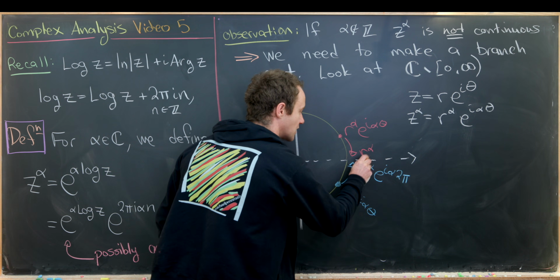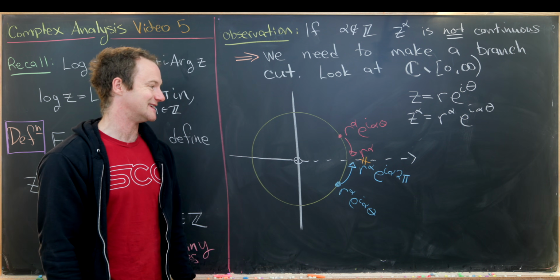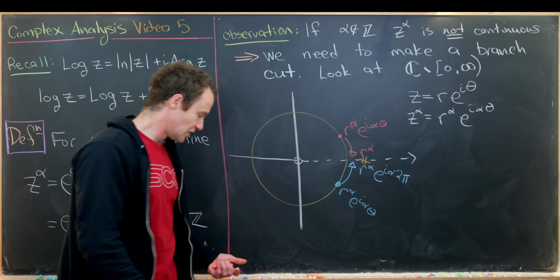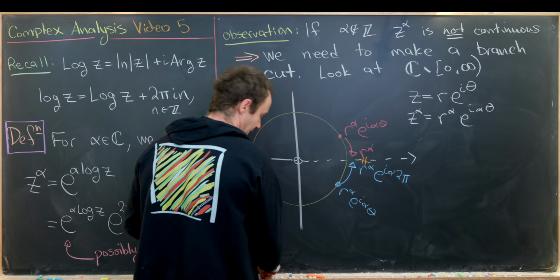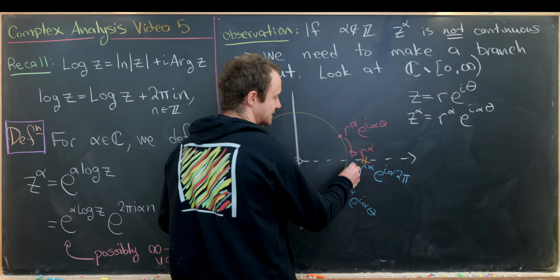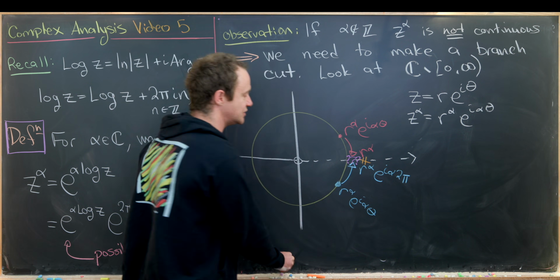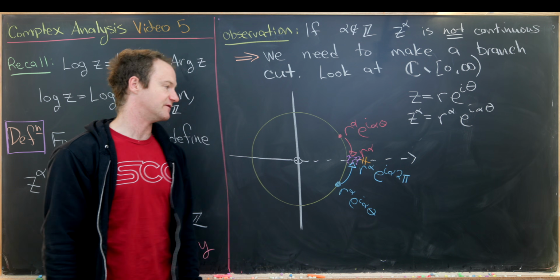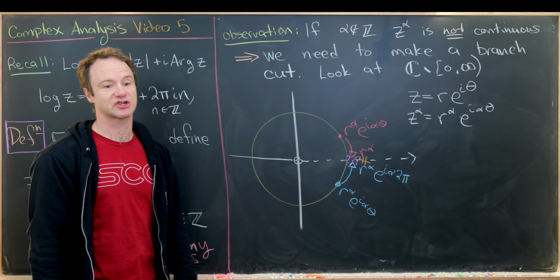So we have r to the alpha is not equal to r to the alpha times e to the I 2 pi, which shows us why we cannot appropriately define our power function z to the alpha on this positive real axis, because there's a big question mark of what we should do in the image of this real axis. So the answer is to make a branch cut like we've done.